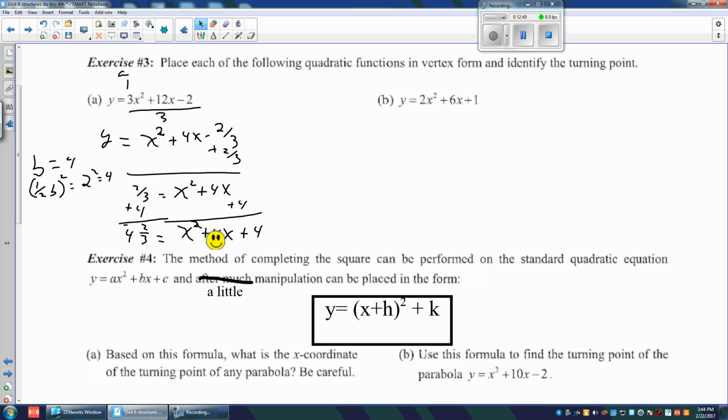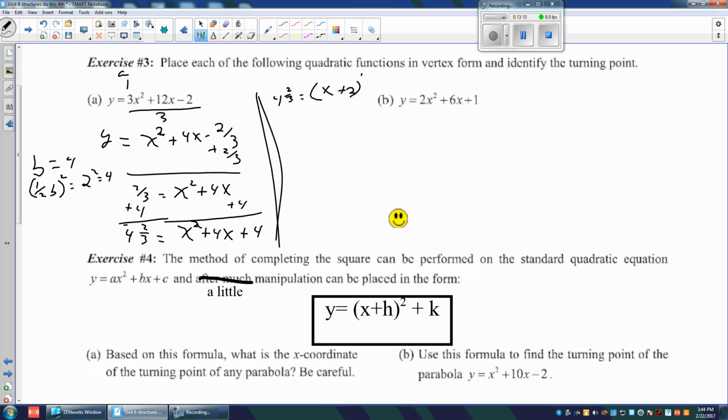Now, I remember I just said that we can factor this part here by just taking a look at what half of b is. Half of b is 2. So this factors to be 4 and 2/3 equals quantity x plus 2 closed squared.